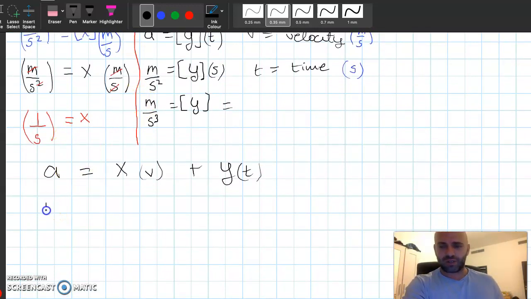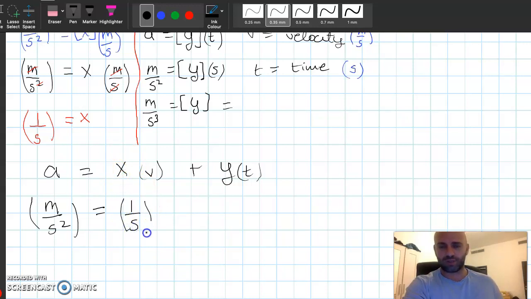On this side I have meters per second squared, because that is the unit of acceleration. I have figured out that the unit of x is 1 over seconds, or seconds to the minus 1. I know the unit of velocity is meters per second.